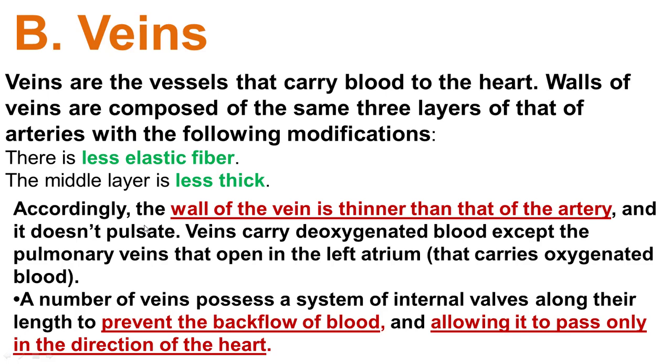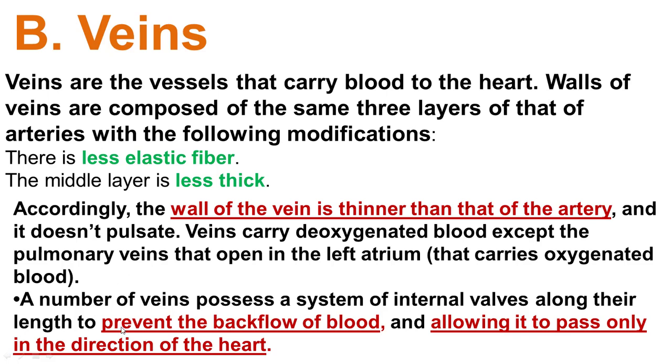This is very important: a vein can't pulsate. Why can't it pulsate? Because it is on the way to the heart, while the artery can pulsate because it is near the heart. Veins carry deoxygenated blood, all except the pulmonary veins, which open in the left atrium and carry oxygenated blood.